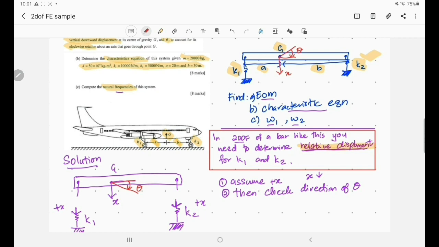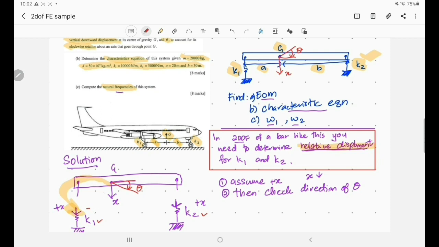Remember, for relative displacement, you have to look at the spring when you decide. So this arrowhead for x is positive, then you look at the same arrowhead and figure out the direction of theta. Basically you look from this point to this arrowhead. So it's actually counterclockwise. So basically theta is going to be negative here.